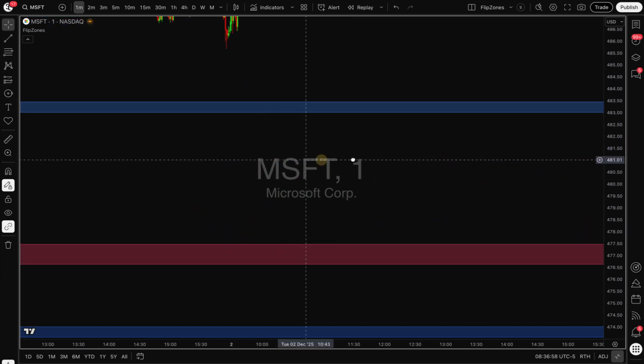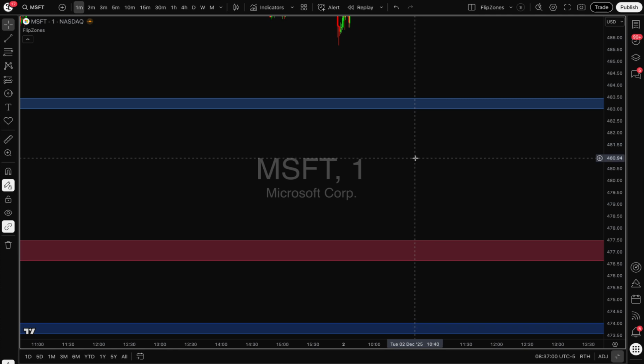Now the problem is, first I'll show you the wrong way to do it, so that when I show you the right way, it will make more sense. A lot of traders identify a zone. Let's say that I have identified the zone down here. Again, it's automatically generated by my indicator, but let's say you didn't have it and you had a zone down here.